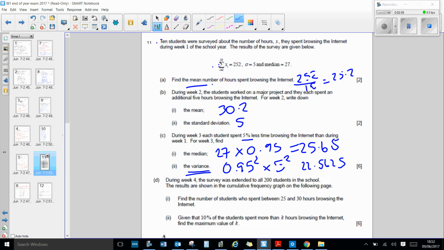Because we're talking about spending 5% less time, our standard deviation doesn't change. Our variance is going to be whatever that is squared, but the variance is going to be reduced by 5%.